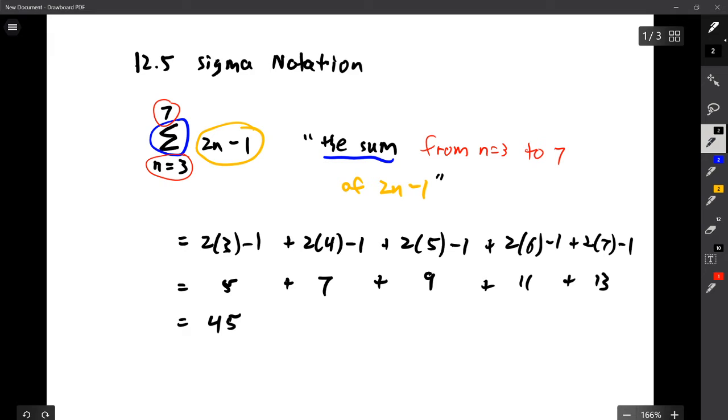So you'll have some problems where what you are given is this, and you're asked to write it in its expanded form. That would be like this line here. Write it in its expanded form, and then find the sum. That would be like this final answer. So kind of two parts to that: expand, and find the sum.